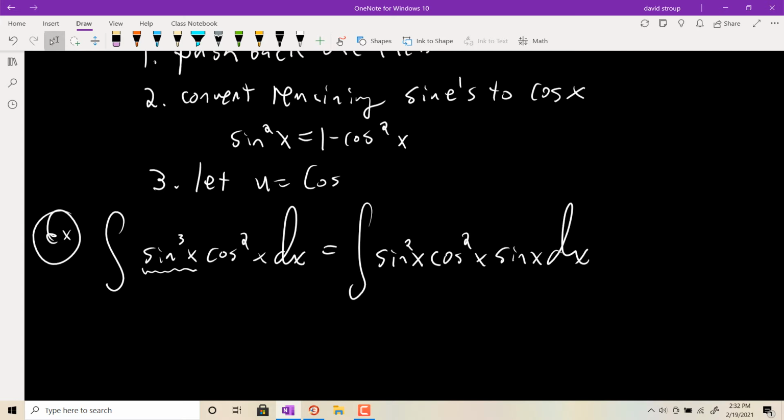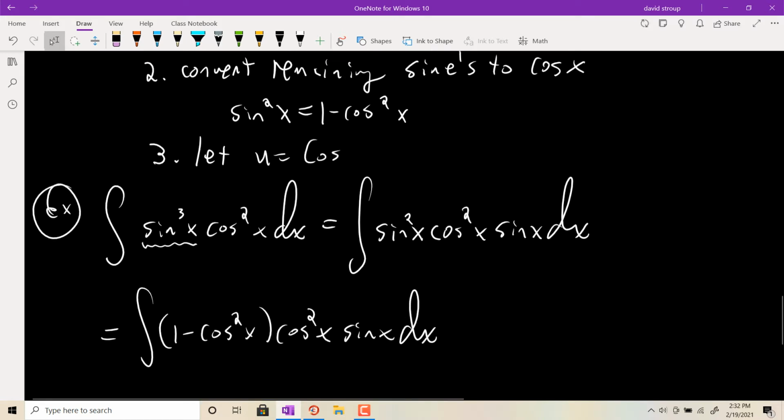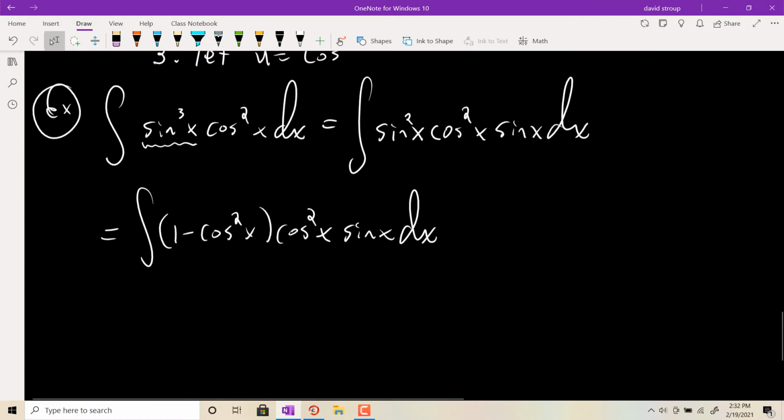Then I'm going to convert the remaining sines to cosines using my Pythagorean identity. And that sine x dx that I factored backwards to the back of the integral is going to become the differential of the u sub.